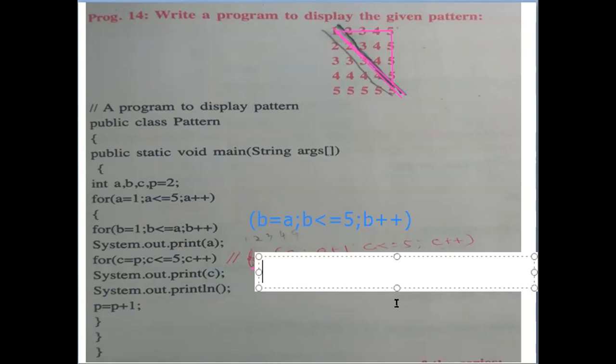Then C plus plus. And printing, what will you print? Because he is printing C over there. What will you print now?